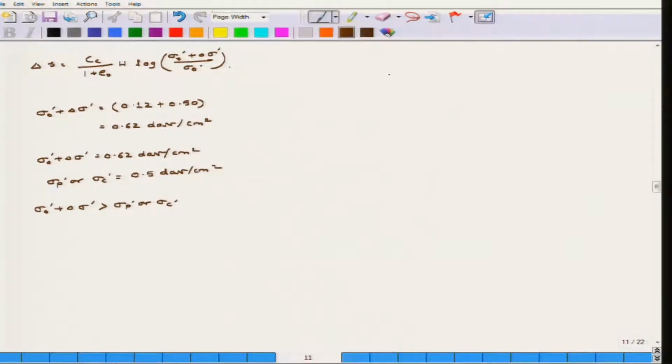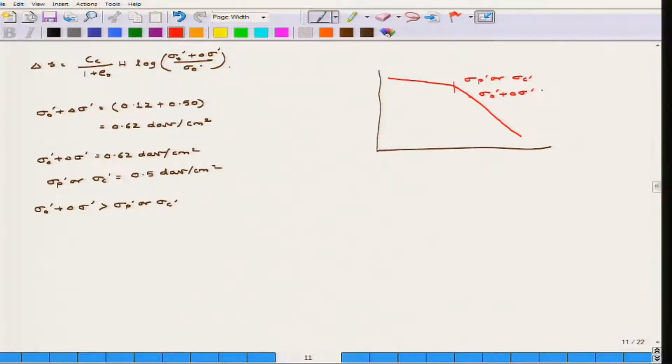Now let us refer back to the consolidation curve. This is my consolidation curve, and this is my pre-consolidation pressure. Now you are lying somewhere here. So obviously the effect of pre-consolidation settlement is gone. That means you only have to find out the virgin settlement from the virgin consolidation curve.